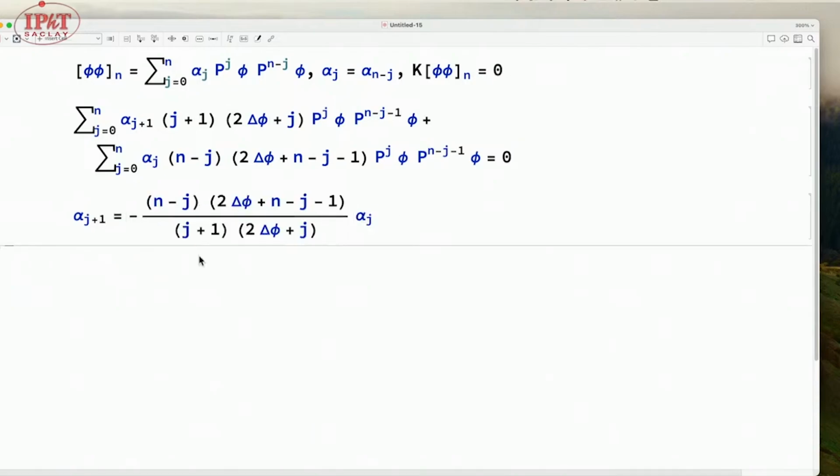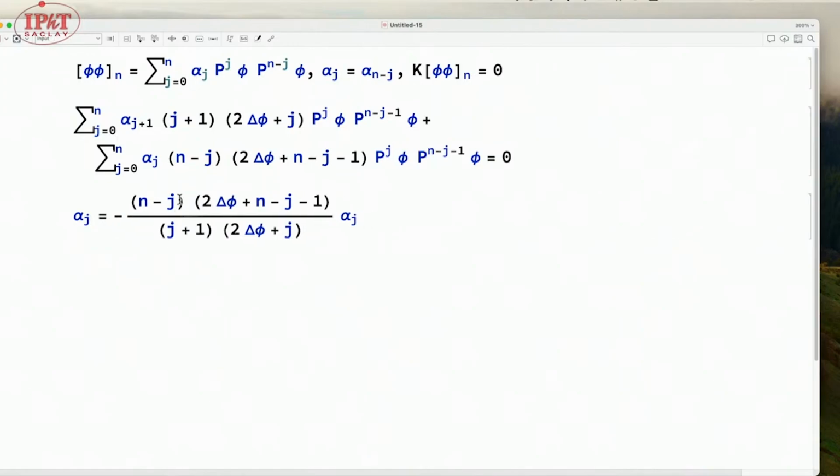Now we just need to check that this formula gives you the right answer. But you can sort of see the structure. If we shift all the j's by minus 1, okay, now let's solve for alpha j in terms of alpha 0.